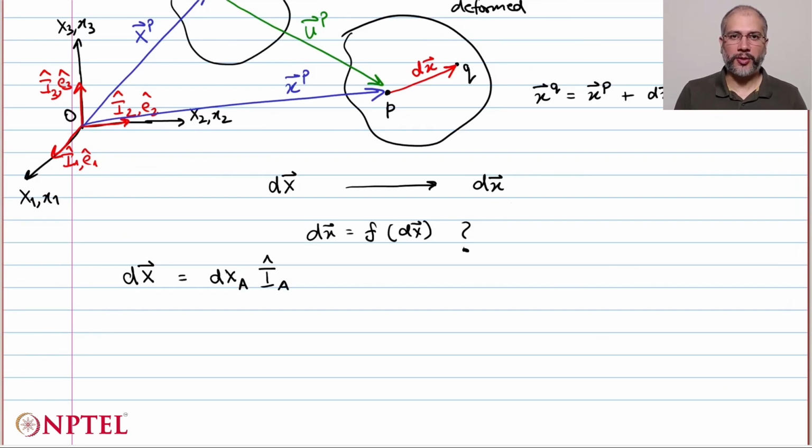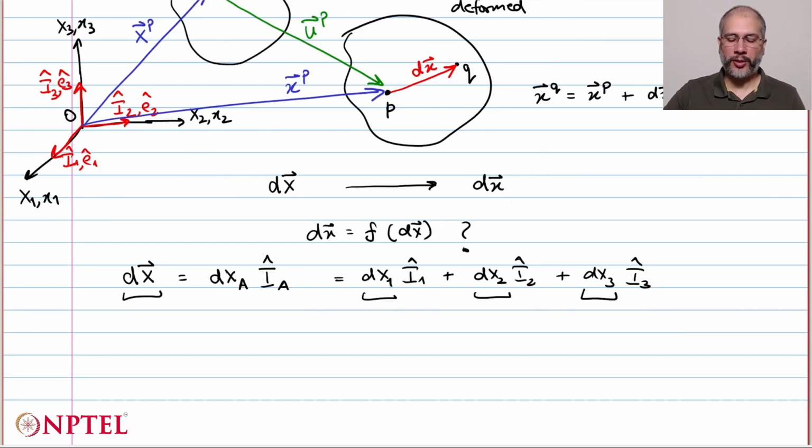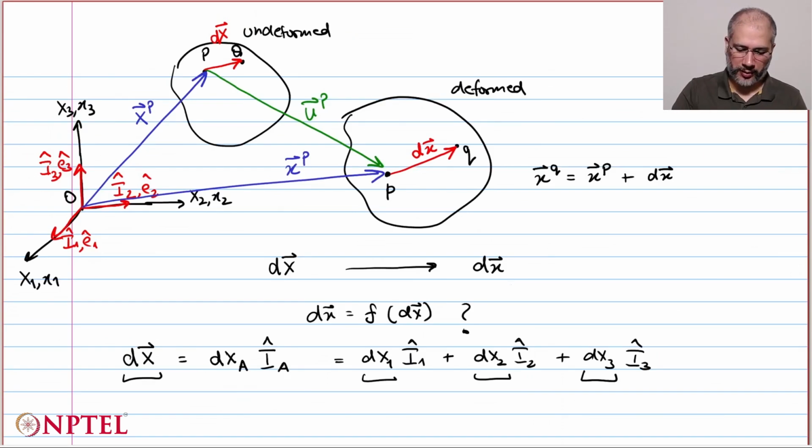So when I expand this, this becomes d capital X1, I1 hat, and so on. So dX1, dX2, and dX3 are the three components of the vector dX. Now please remember that if the notation confuses you, then just look at the vector here, and we're just talking about the three components of this vector.